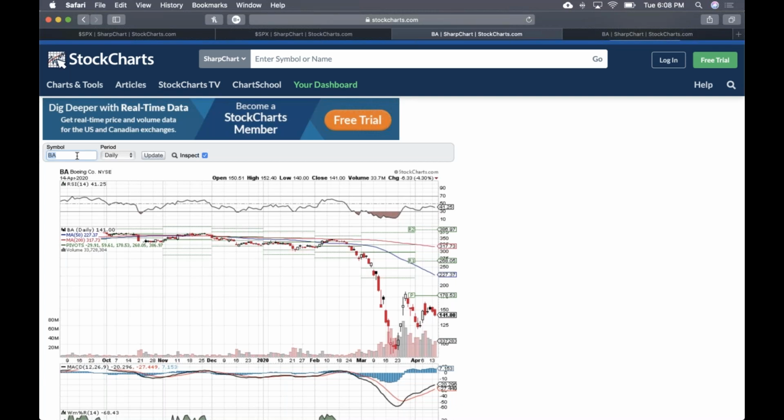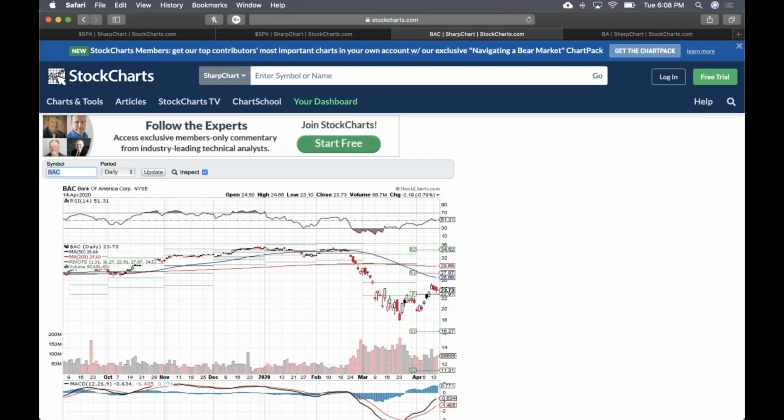It was up a little more, and has slowly been kind of coming back. Well, we'll come back to some of the fundamentals on Boeing.